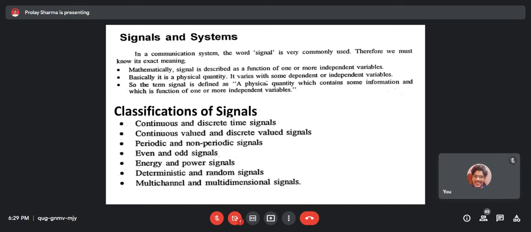Next, 3 sources are coming. One is R, another one is G, another one is B. And the independent variable is the XY plane.